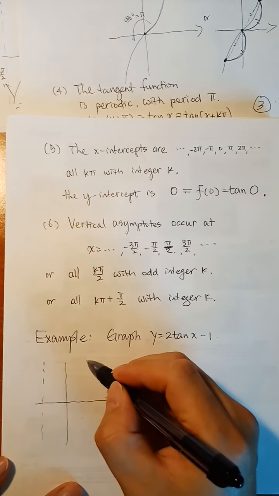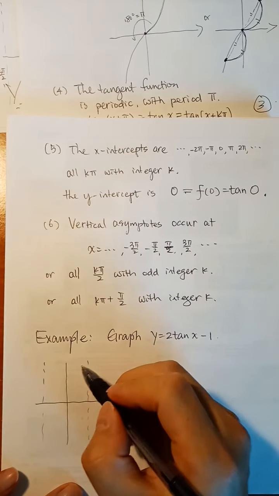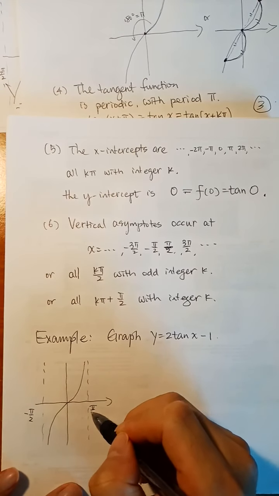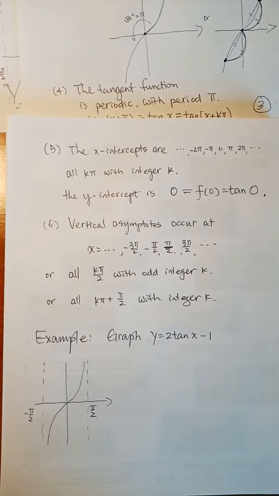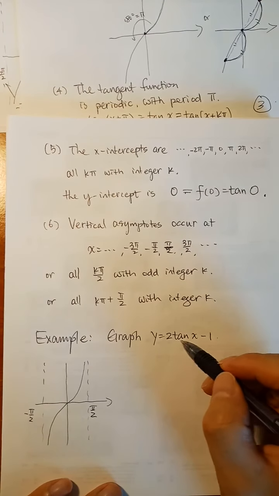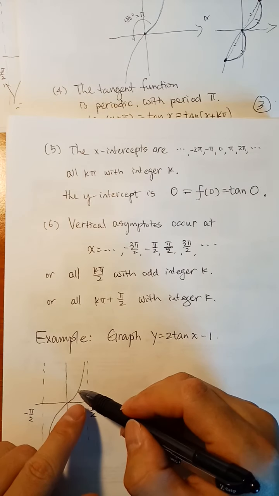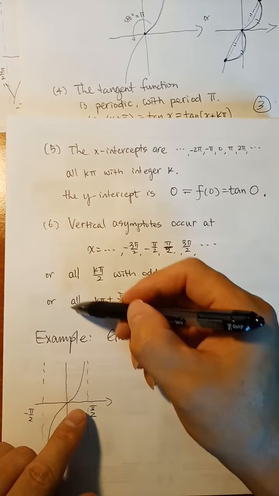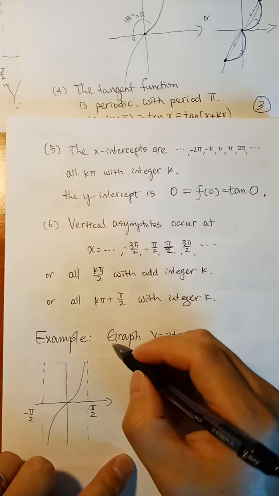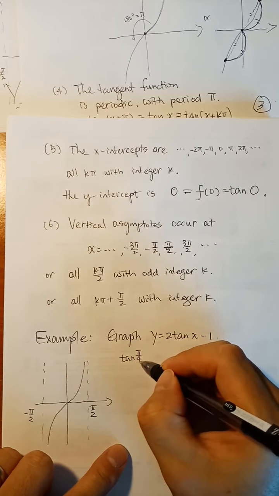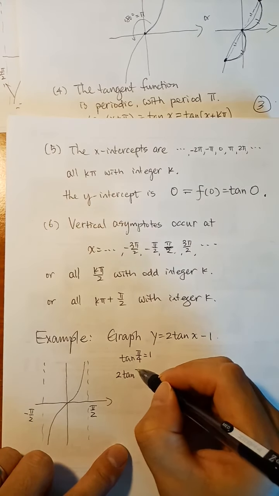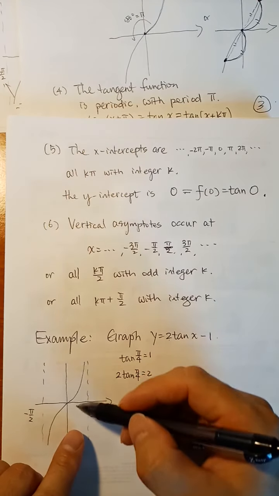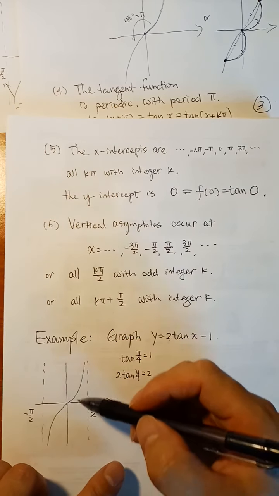For the tangent function, we normally just graph one period and repeat it. It looks like this, between negative pi over 2 and positive pi over 2. And this number 2: when x equals pi over 4, tangent is 1, but times 2, you stretch it. Tangent pi over 4 is equal to 1, but 2 times tangent pi over 4 gives you 2. So this coefficient 2 will stretch the graph of the tangent function along the vertical direction.